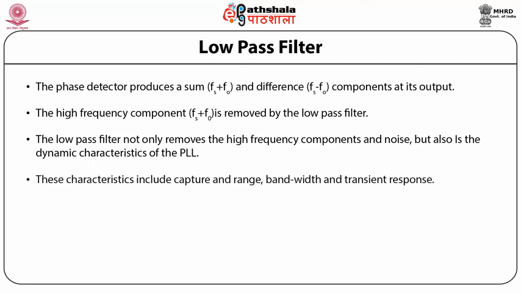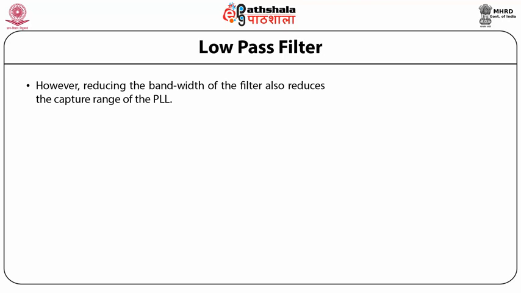These characteristics include capture range, bandwidth and transient response. So if the filter bandwidth is reduced, the response time increases. However, reducing the bandwidth of the filter also reduces the capture range of the PLL.